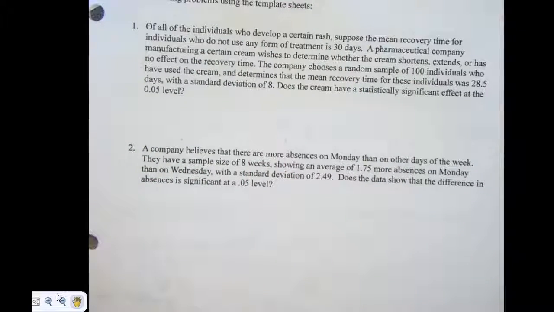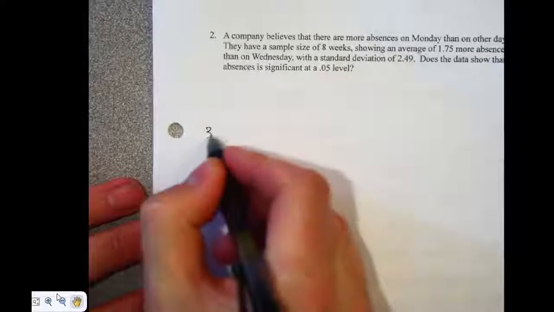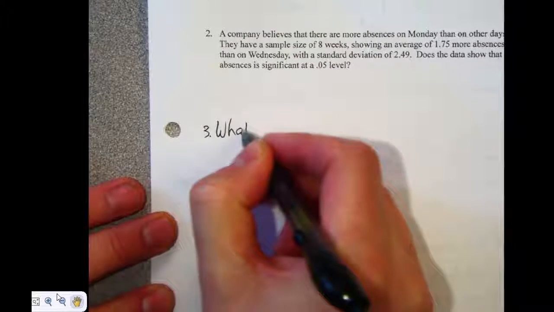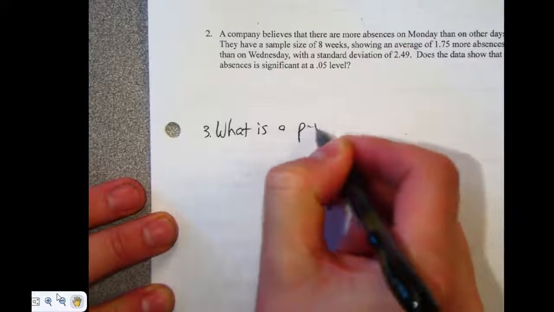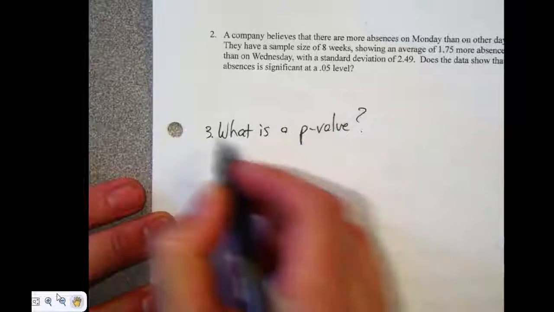And I'm going to grade it as though it's a paper and give it back to you, so you have some idea of whether you're doing this completely right or not before we get to the test. Because right now you're basically just grading your own. I like the long template. You're grading your own, so that's probably fine, but I want to make sure. And then for the third question, what is a p-value? You have to answer that for me so I can make sure that you're answering it correctly.